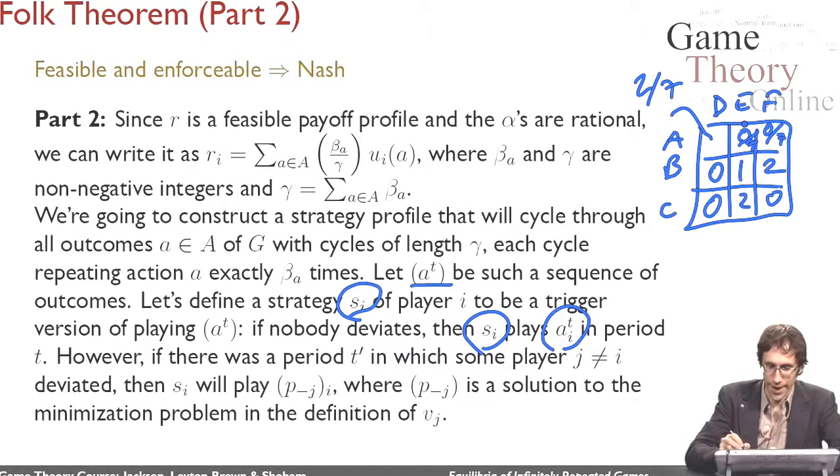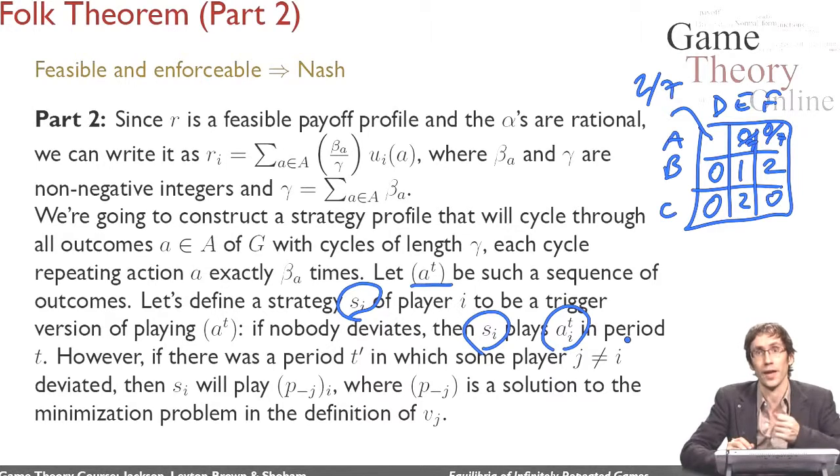AT is a sequence constructed so as to hit every action profile here exactly the number of times given by these beta integers, and we just cycle through that forever. The strategy we're interested in is a trigger version of that: everyone tries to do that, but if somebody does the wrong thing, everybody punishes them forever and gives them their min-max value.